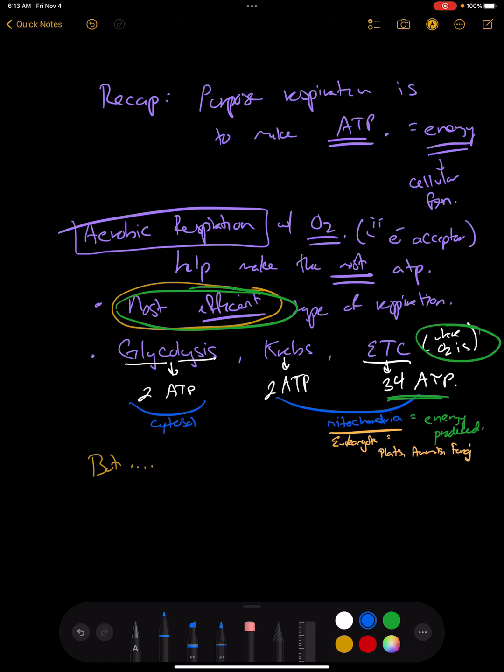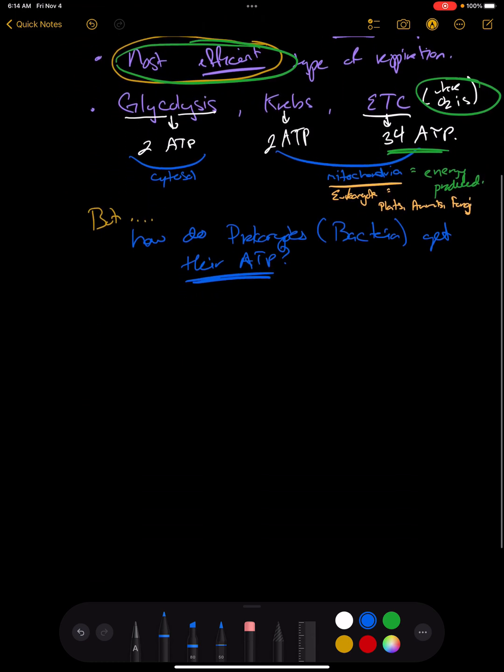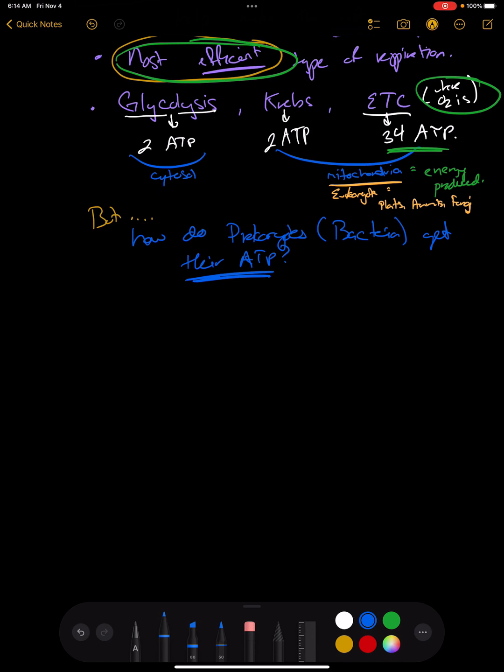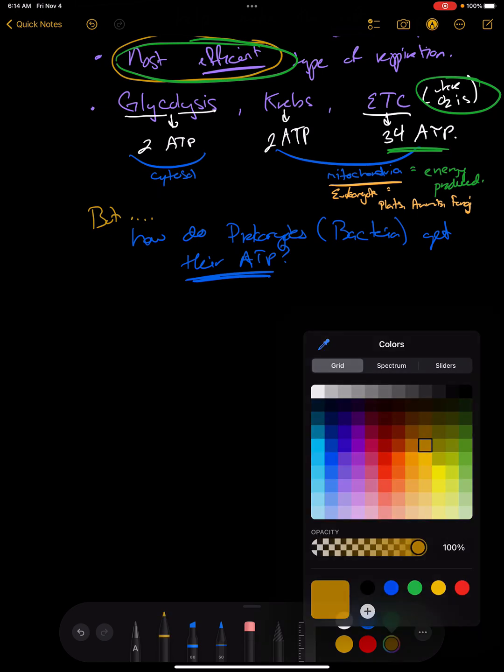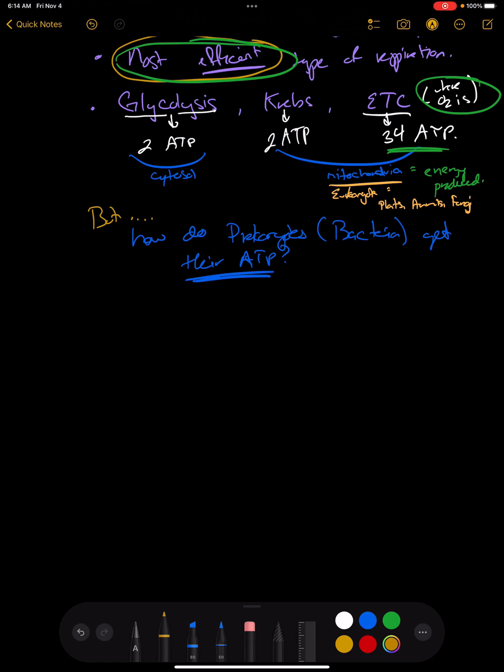So here's the question: how do prokaryotes, which are my bacteria, get their energy or get their ATP? Because we know bacteria are living, and if bacteria are living, that means they have to have some type of energy source. Well, how they get it is they go through anaerobic respiration.